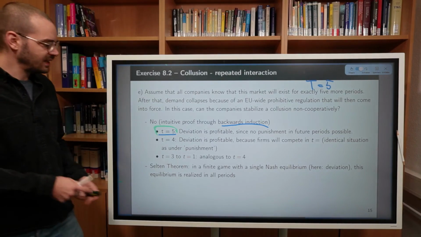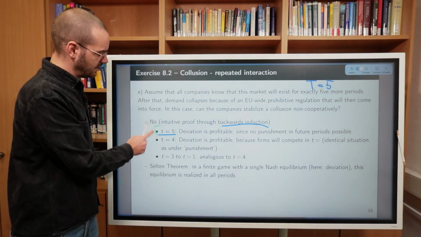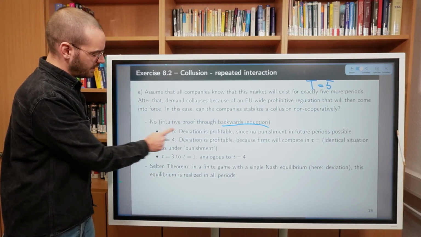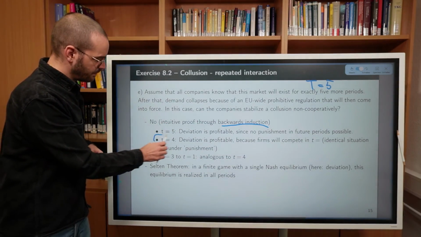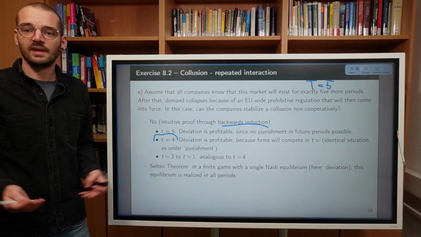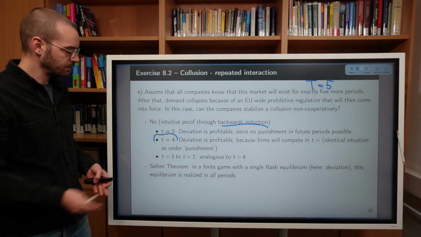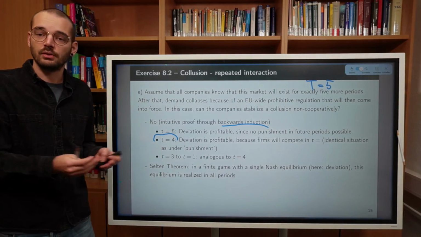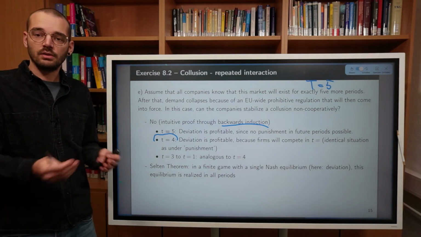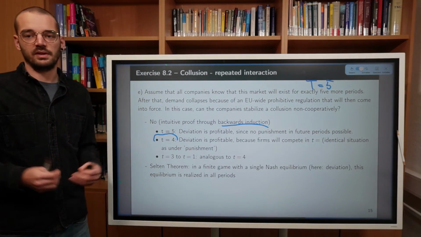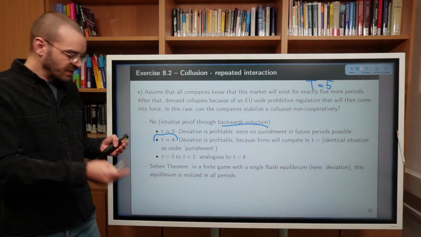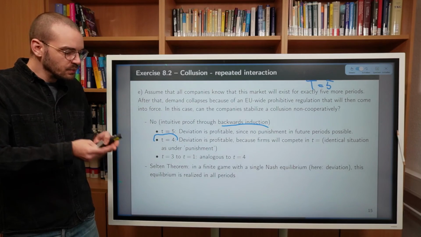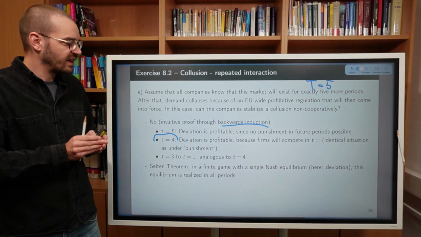So, of course, it is long-run profit maximizing to behave according to the individual profit maximization already. It's not profitable to stick to the collusion because we already know that in the coming period we are no longer playing collusion.